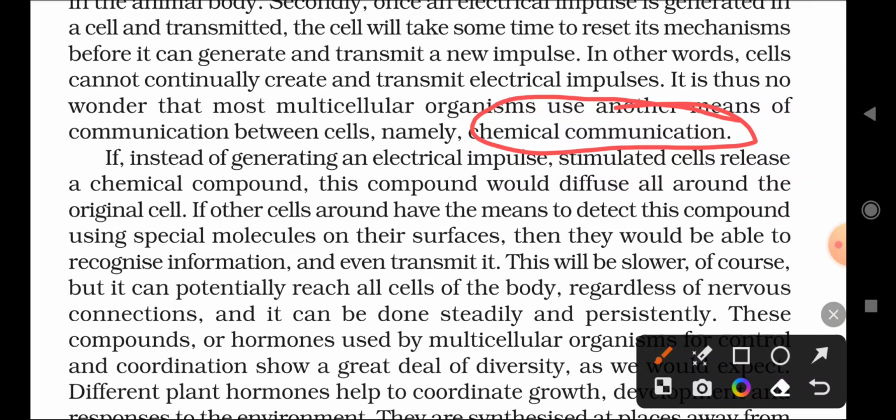Remember that this point is very important. The electrical impulse has some disadvantages, so for that they use which method? Chemical communication. In your exam they may ask why animals use chemical communication instead of electrical impulses.